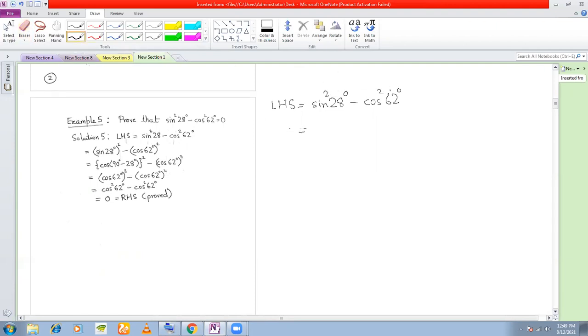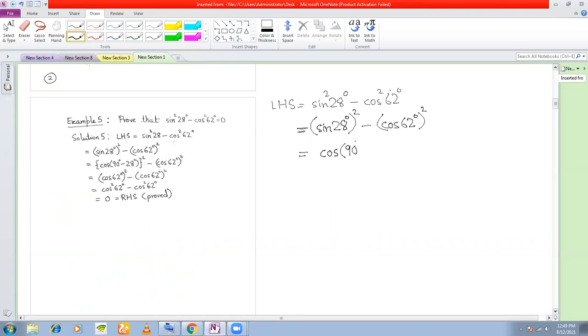Let us change everything to cos. So sine you write as it is because there's a square here. So before changing, I would like to write this as sine 28 degrees square, and I write this as cos 62 degrees square. Now sine 28 degrees, sine can be changed to cos.